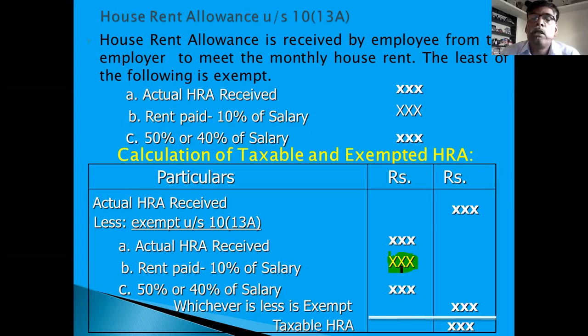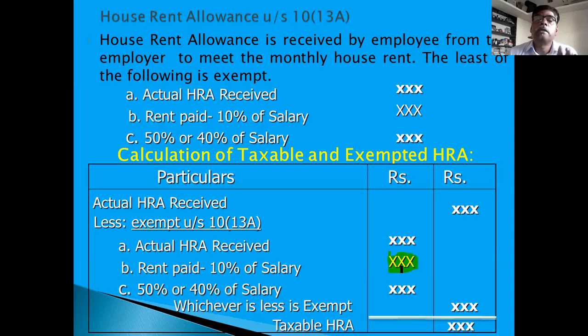Sometime the employee lives in his own house and will not pay the rent. These are 3 points you remember. First case, rent paid and 10% salary are equal, then difference is 0. In some cases, rent paid is less than 10% of salary, then answer is in minus.